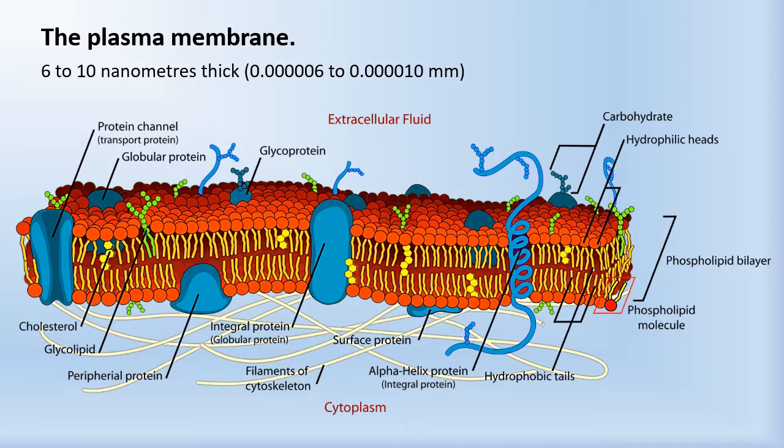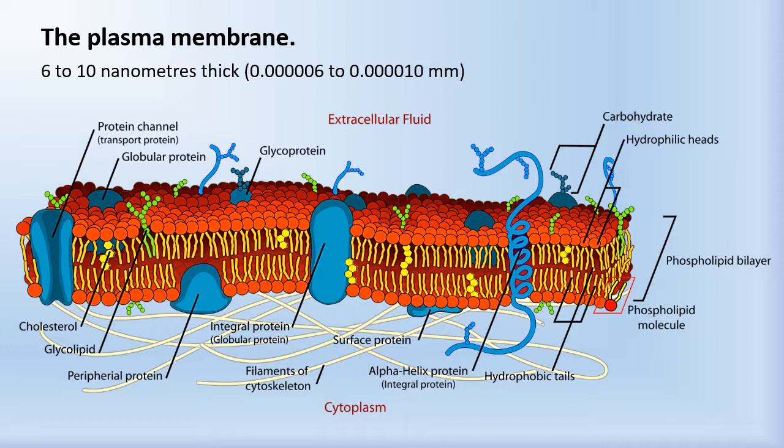Also note the variety of integral and peripheral proteins. Most plasma membrane proteins are glycoproteins that form channels, receptors, adhesion molecules, junctions, cell markers, or enzymes.